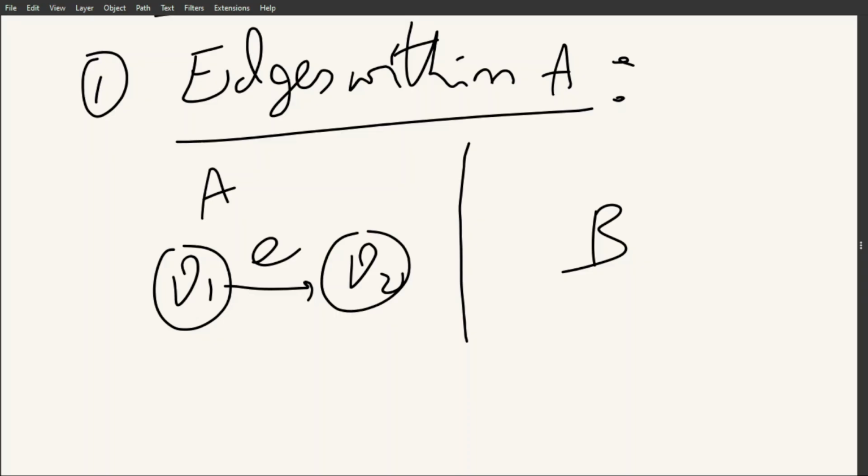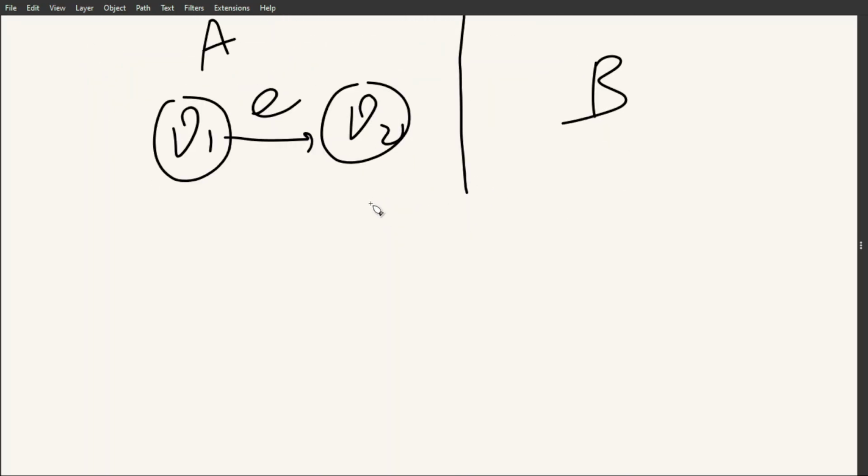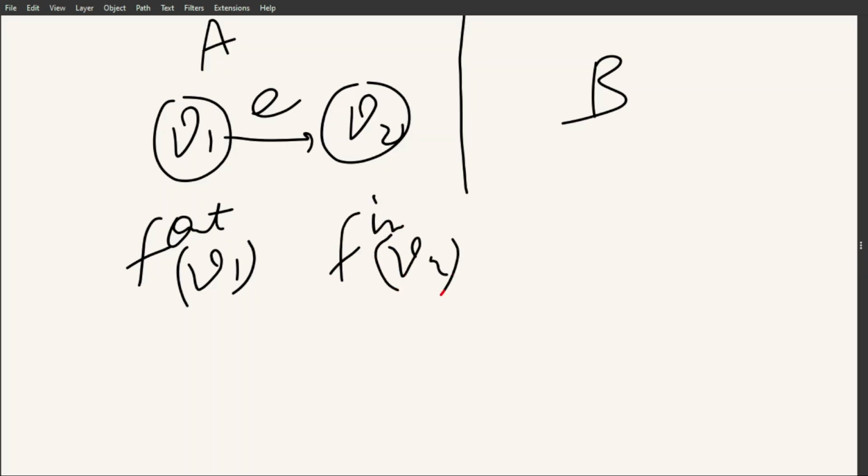Call this edge E. So just see what the contribution of this edge is. It is F out of V1 and here it is F in of V2.